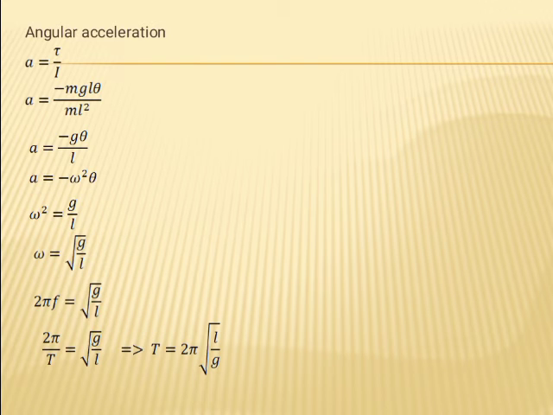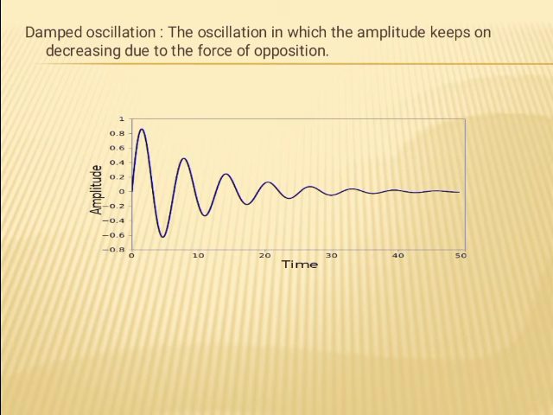So hope you understood how to derive the time period of oscillation of a simple pendulum, which will be asked for 5 marks. Next, going to another topic, that is damped oscillation.